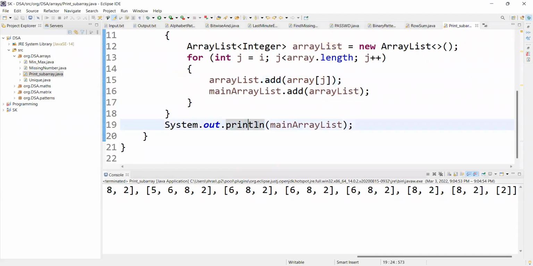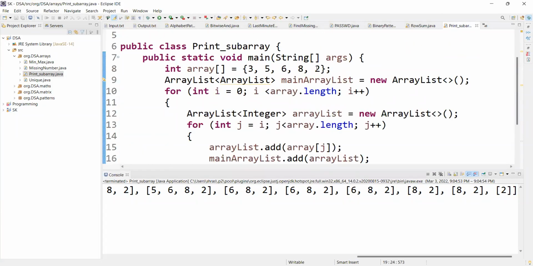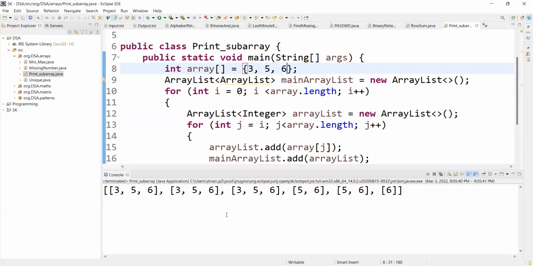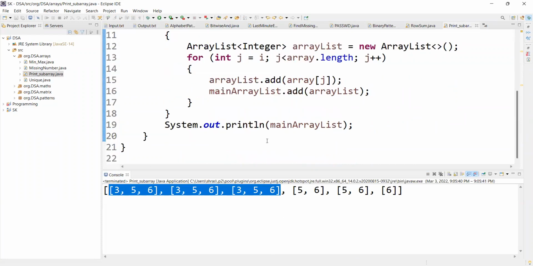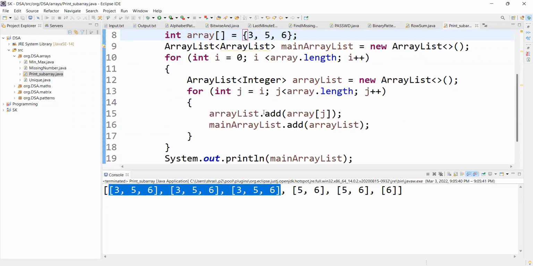Let me just see it. Let's take just 3 elements and then see. Yeah, easy to count. It is repeating the elements for the number of times this loop is running, and I'm not getting why it is happening.